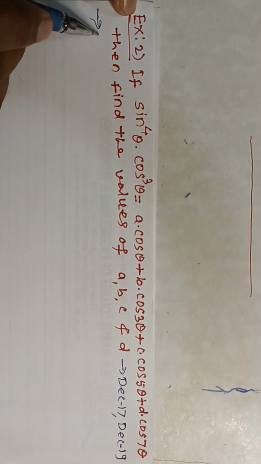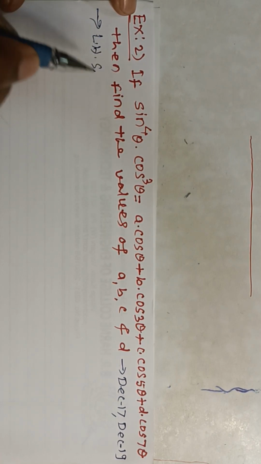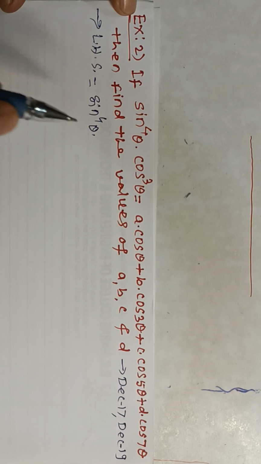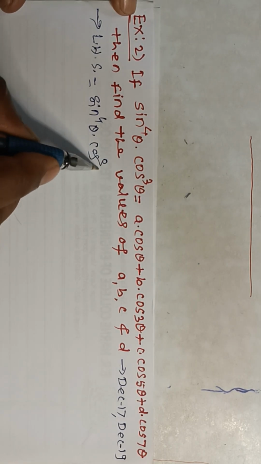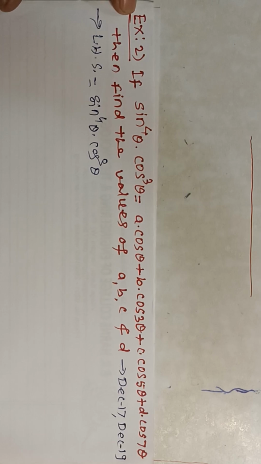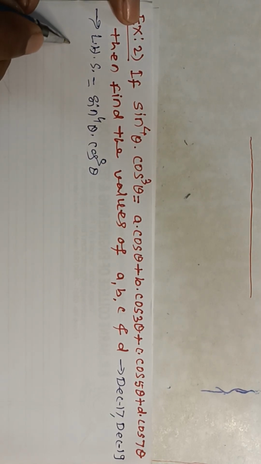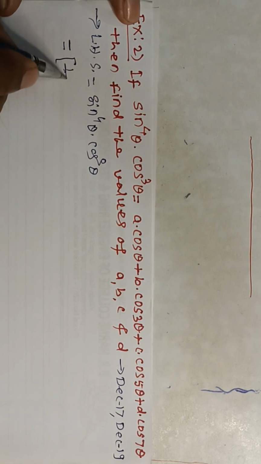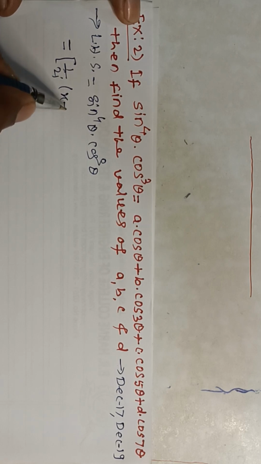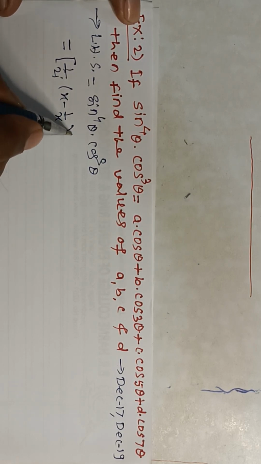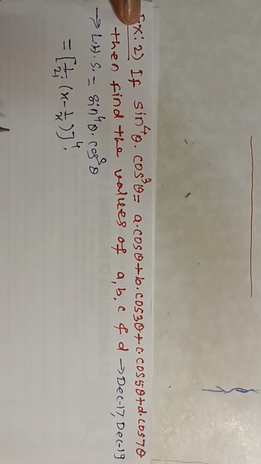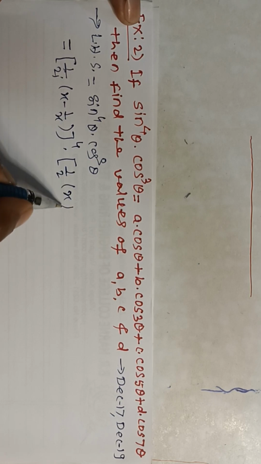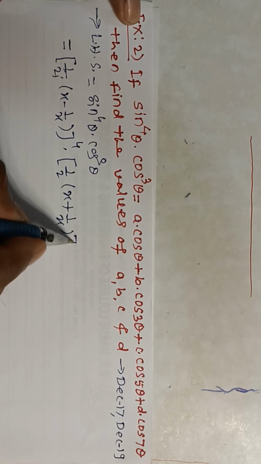LHS is equal to fourth power of sin theta into cos cube theta. Now this is equal to fourth power of sin theta, that is nothing but 1 upon 2i (x minus 1 upon x) to the power 4, into cos cube theta, that is 1 upon 2 (x plus 1 upon x) cube.